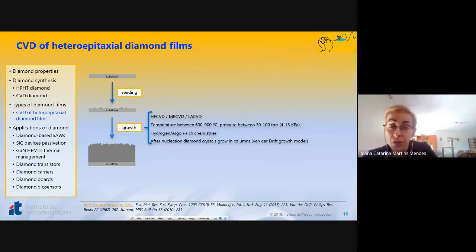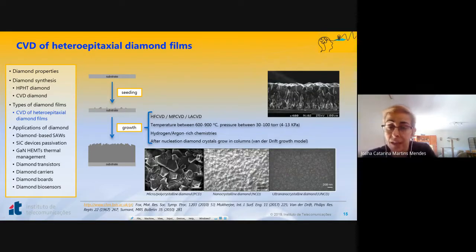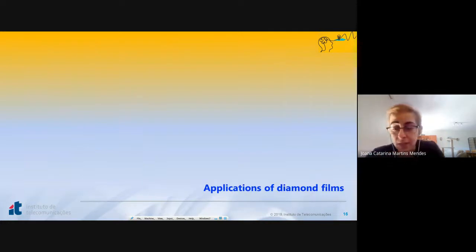You can use either of the methods I previously described, and this is a cross-section of the film after deposition. So you start with tiny diamond crystals, which start growing as columns following the van der Drift growth model. And as a function of the crystal size, you can characterize them as micro, nano, or ultrananocrystalline diamond films. And this is all I have to say about how we grow diamond.